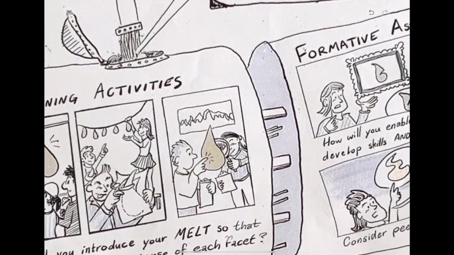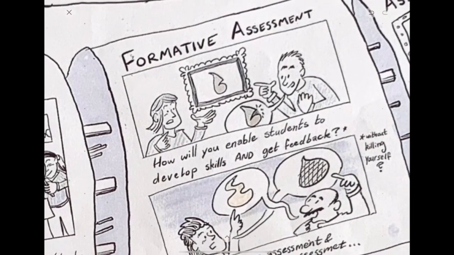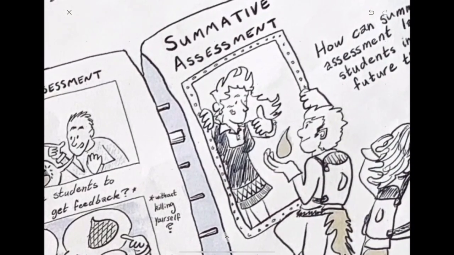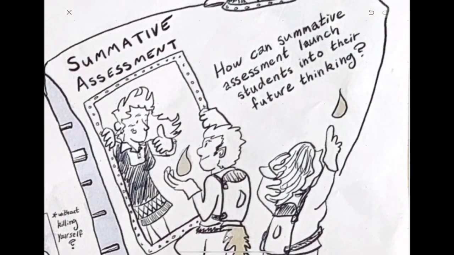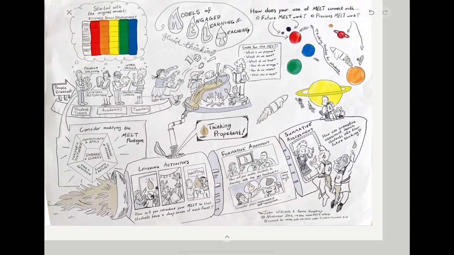MELT can also be used very much for formative assessment, for the way students engage with those six facets of thinking, giving them feedback so they know what's working well and what is a bit more problematic. It could also be used to shape summative assessments, and if students are familiar with the formative assessment, they could engage in more rich and sophisticated ways for the summative assessment if it shares the same six facets.